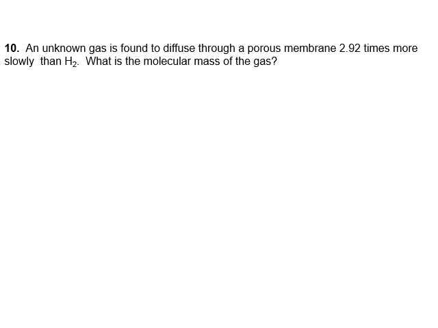Remember, we said that the velocity is inversely related to the mass, but it's not the mass per se, it's the square root of the mass. So this unknown gas here is going to be bigger, or heavier, than H2.